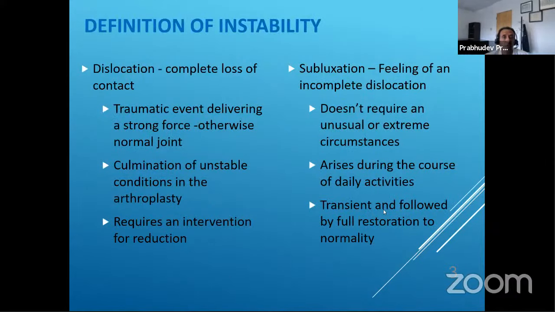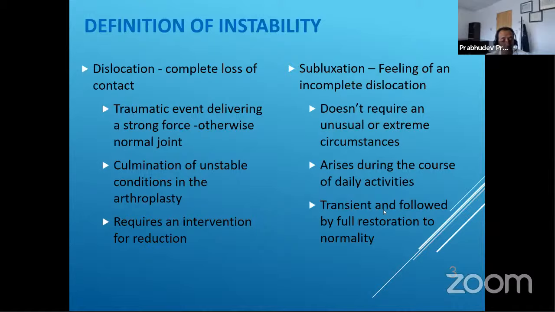So how do we define instability? Like in any other joint in orthopedics, we can classify it as dislocation and subluxation. A dislocation is complete loss of contact between the articular surfaces. Typically, it follows a traumatic event delivering some strong force in an otherwise normal joint, but could be secondary to some other unstable conditions in arthroplasty.